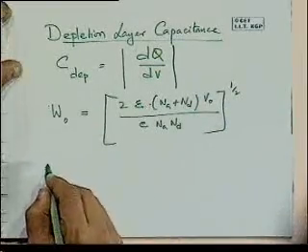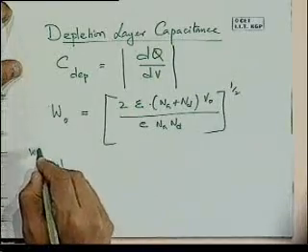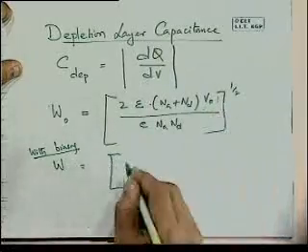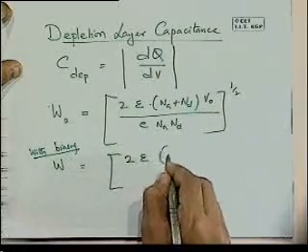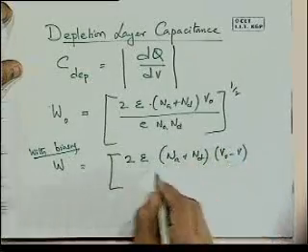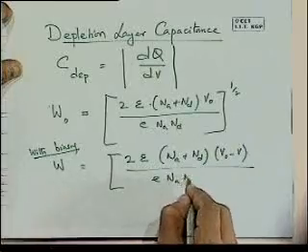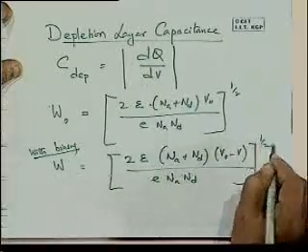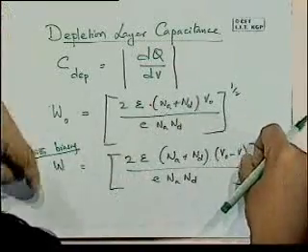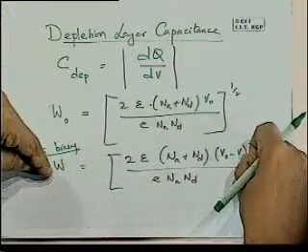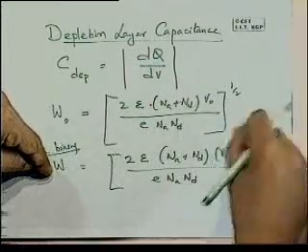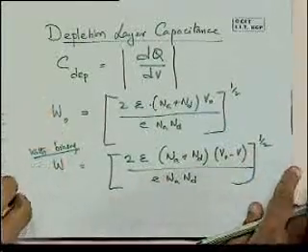Now when we bias it, we've got W, the same expression except that it's going to be V0 minus V. So you can see that in forward bias, W will decrease, whereas in reverse bias, because V is negative, it will add on to this, and we'll have the increase in depletion layer, as I mentioned earlier.